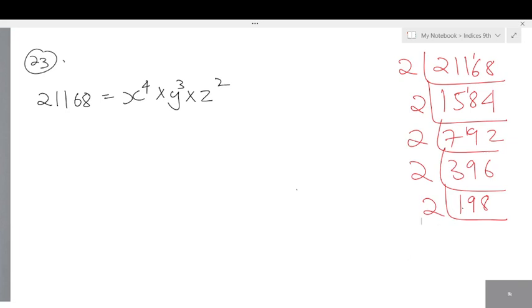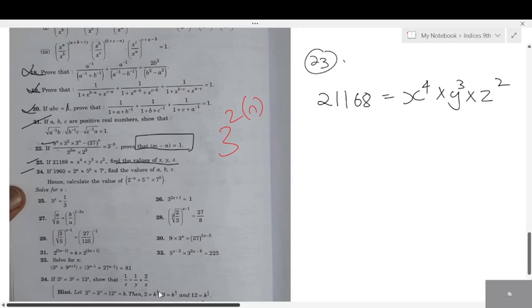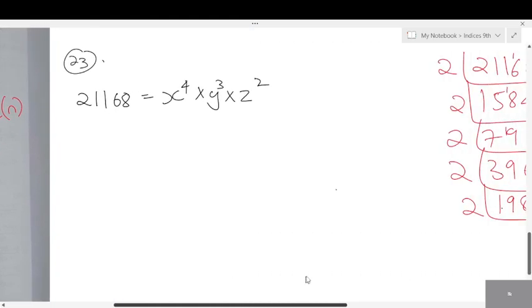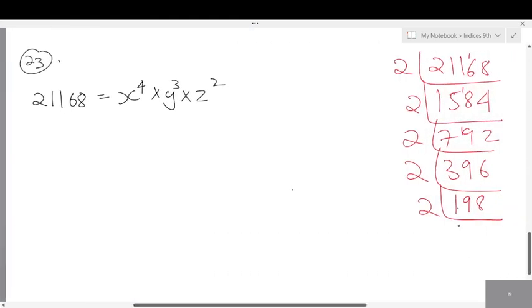Wait, let me see. No, if the question is right, 21168 equals x to the power of 4, y to the power of 3, z to the power of 2. Okay.